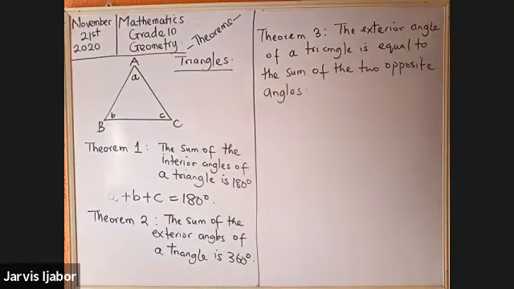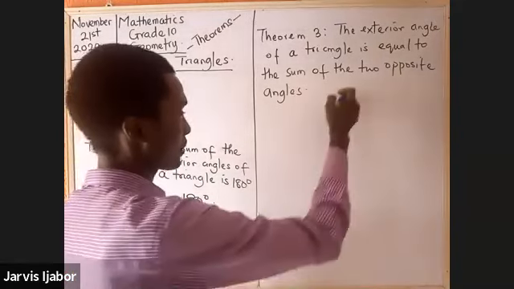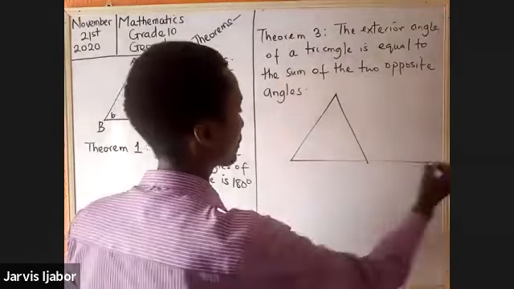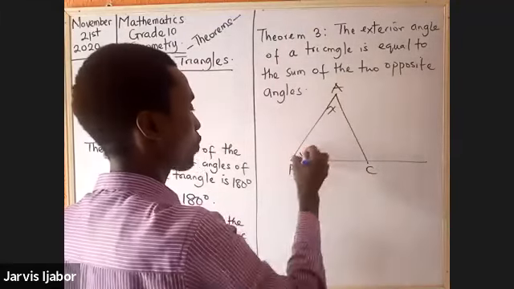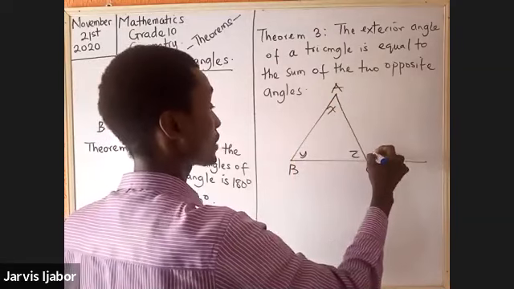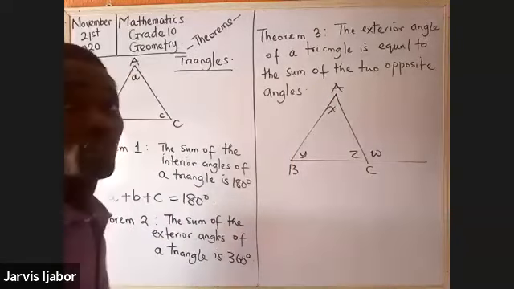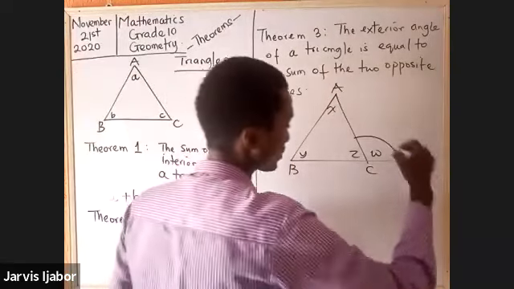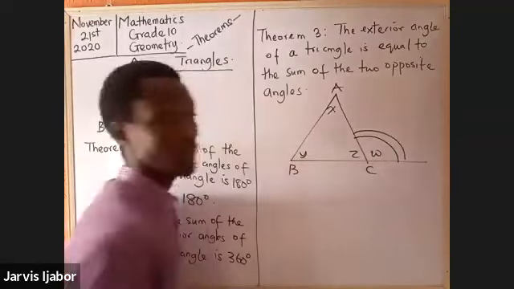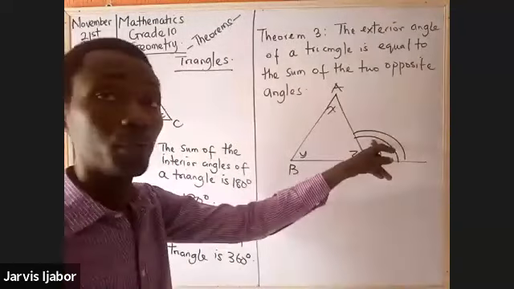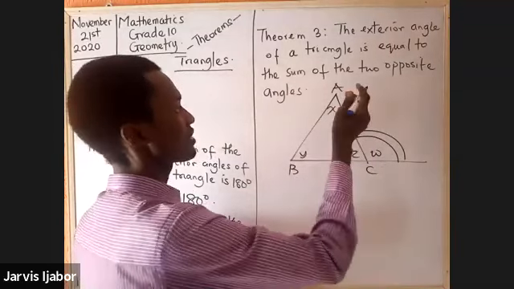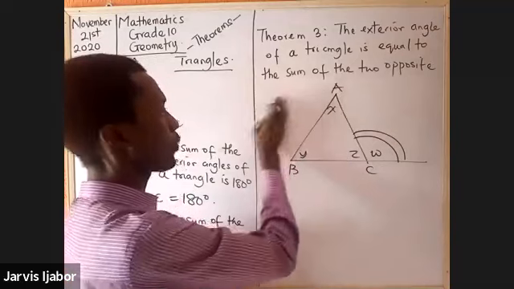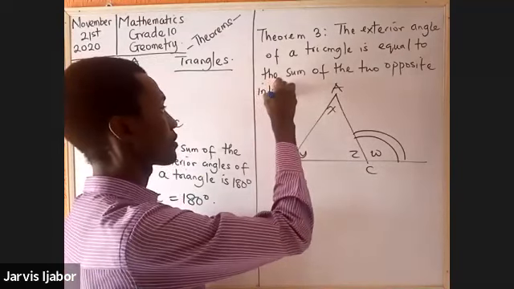Now, we will need to have a picture of that concept. Look at what it's talking about. If I have this A, B, C, and let's say I call this X, Y, Z, and let's call this W. What the theorem is saying is that this is an exterior angle, and that this exterior angle W will be equal to the sum of the two opposite interiors. Sorry, I said opposite interiors. Sorry about that.